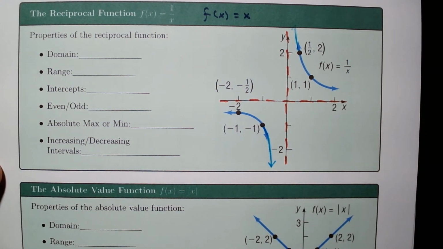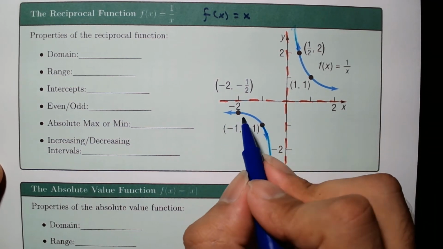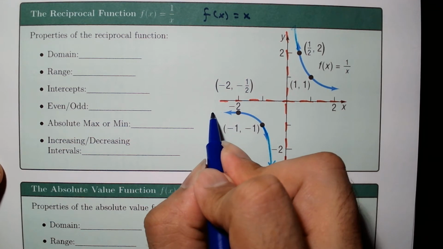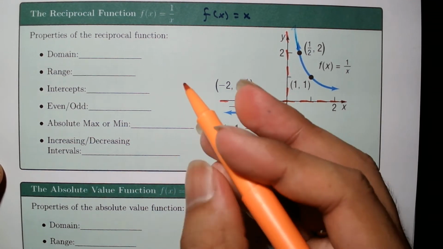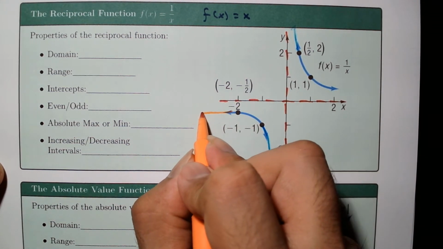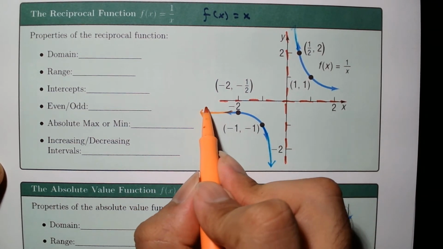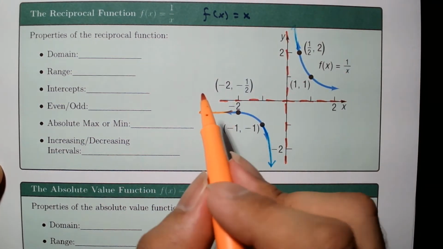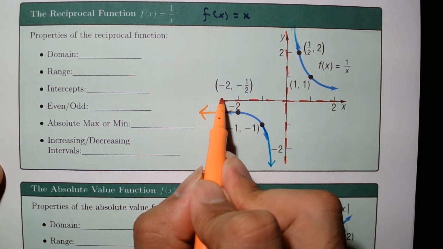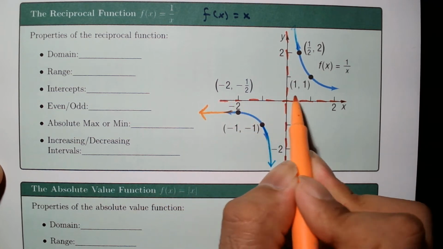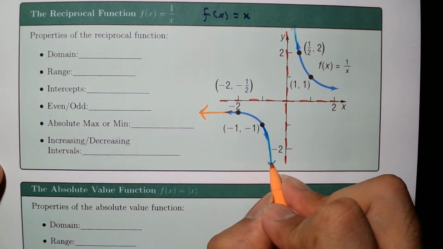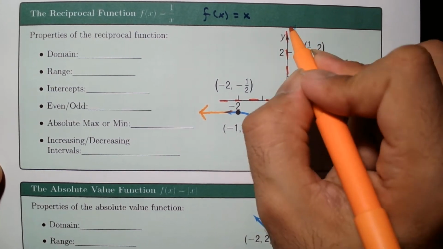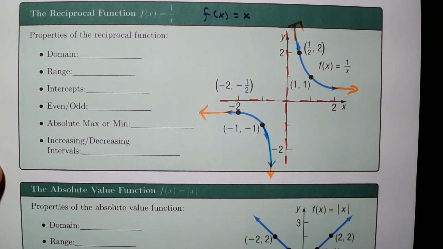So the domain. In this case, this indicates that the graph goes on forever. It's fine to take just the horizontal arrow, because as opposed to the previous graphs, this is approaching the y value equals 0 asymptotically, and same here, it's going down to negative infinity and positive infinity.